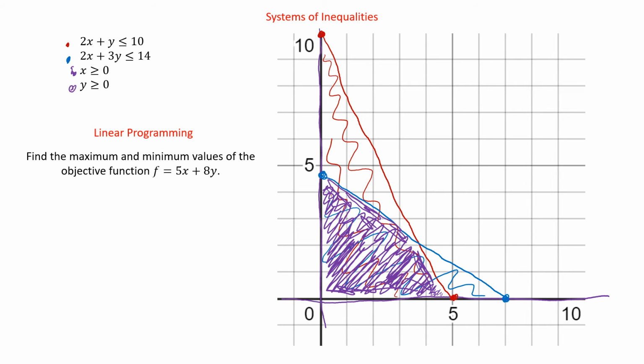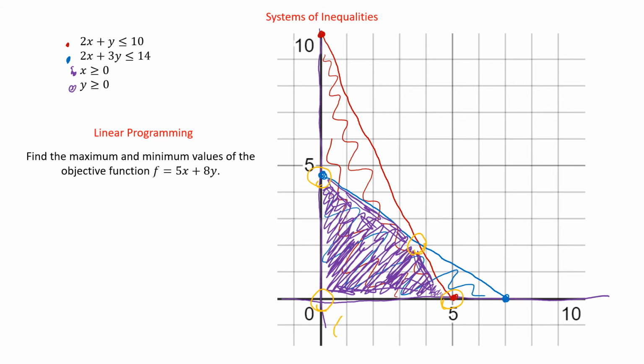But the wonderful thing about linear programming is there's this very nice theorem that says the maximum and minimum values will be at a vertex of the region. So we don't need to plug in the infinite number of points in the middle. We just have 4 points that we might need to plug in.